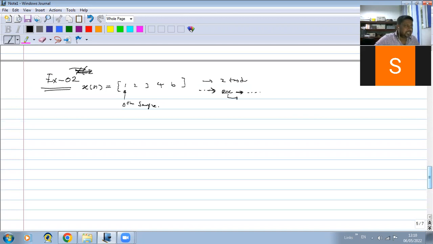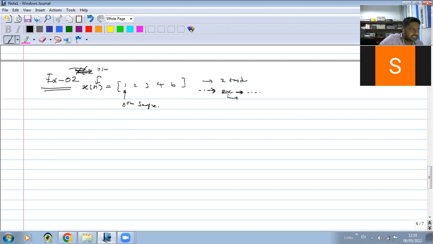Then you can get the idea. So we have to convert this signal. This is a time domain signal because this n is related with time. So I refer to this as a time domain signal. Don't get confused. This is a sampled signal.